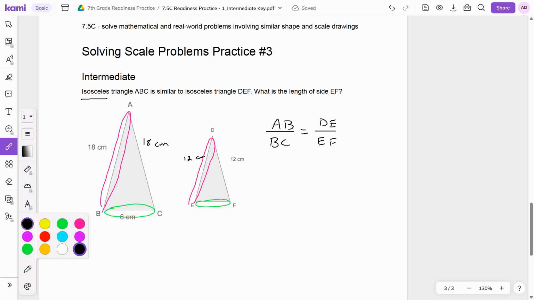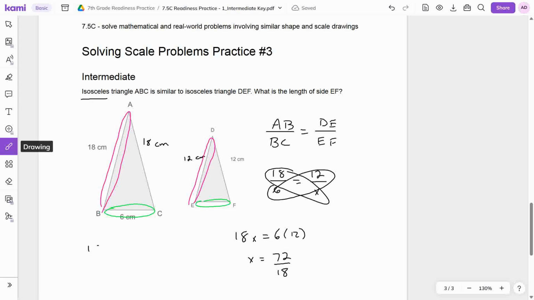So let's replace. AB is 18, BC is 6, DE is 12, and then EF is my unknown, so I'm just going to make that X. So let's do some cross multiplication. 18X is going to equal 6 times 12, that's 72. So X is going to equal 72 divided by 18.